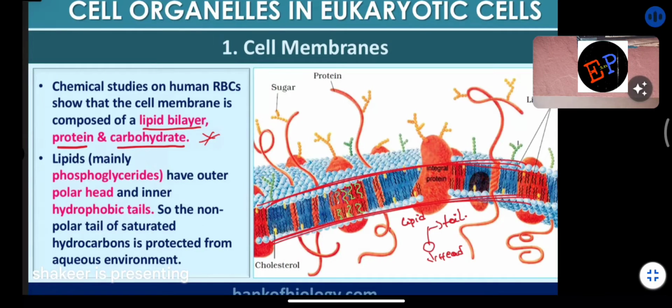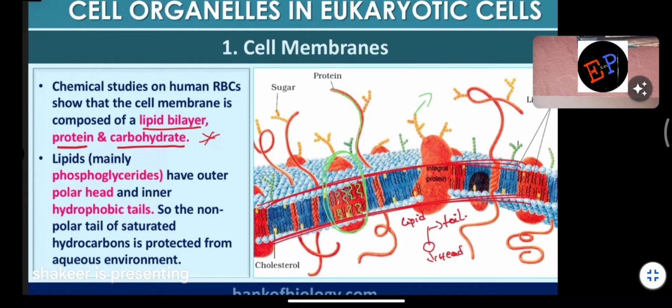The yellow colored structures are sugars, the carbohydrates. The red colored structures are the proteins. And here you see a cylinder-type structure, this cylindrical structure is also a protein. So totally, this membrane is made up of three components basically: lipid bilayer, protein, and carbohydrate.